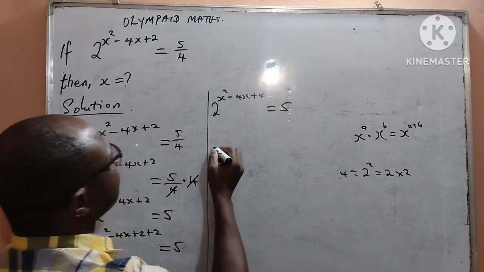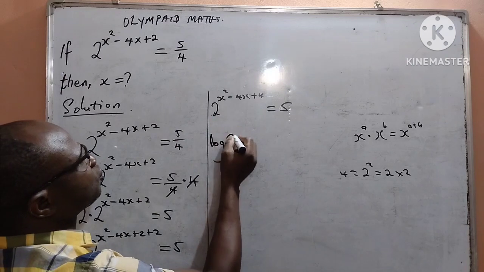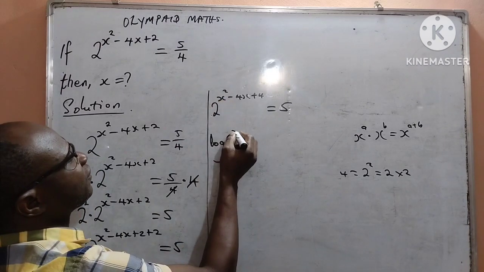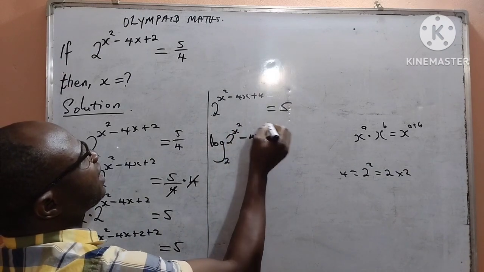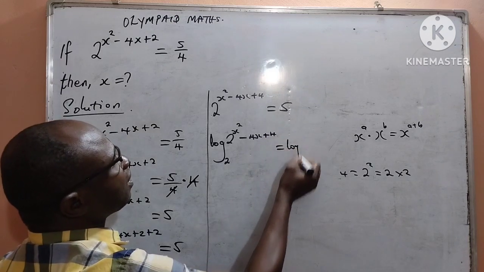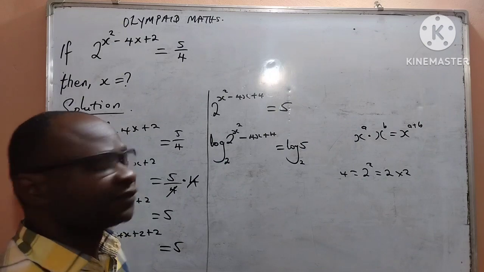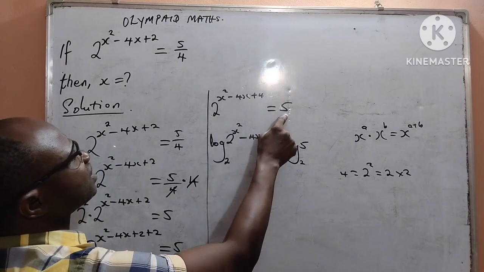What it means is that I will now have it written as log of 2 to base 2, to the power of x^2 minus 4x plus 4, is equal to the log of 5 base 2.